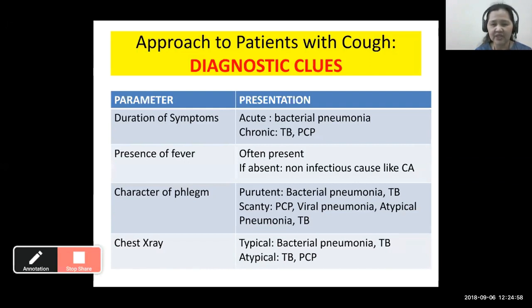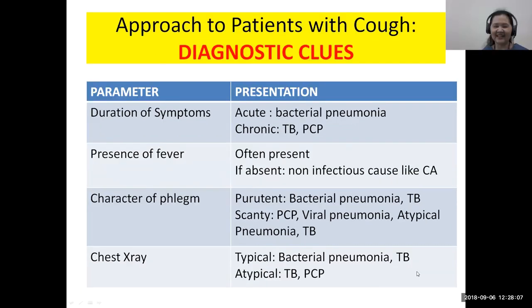Even in HIV patients. Character of the phlegm: scanty, dry cough, so that might make you think PCP or atypical pneumonia or viral pneumonia, versus those kinds of pneumonias that tend to be very purulent with a lot of phlegm. And of course, the types of chest x-rays.